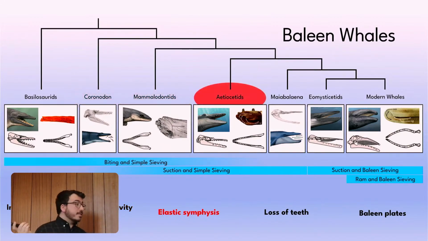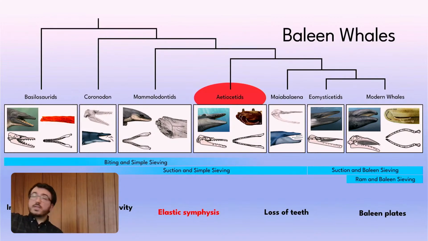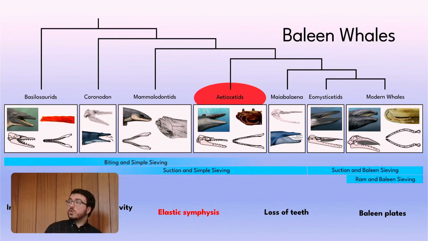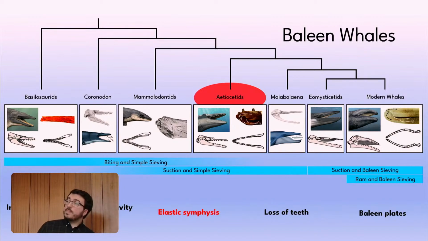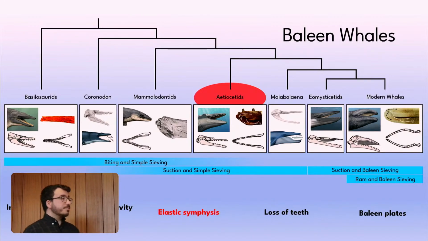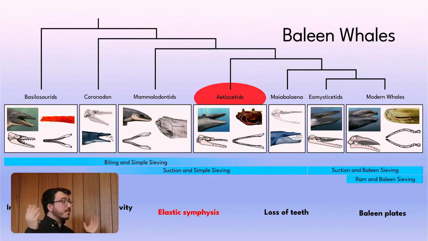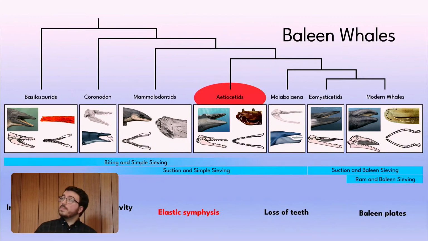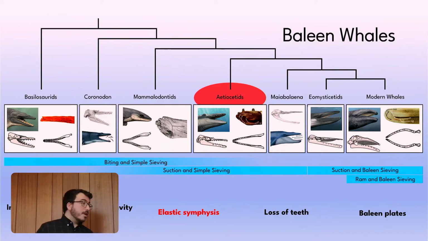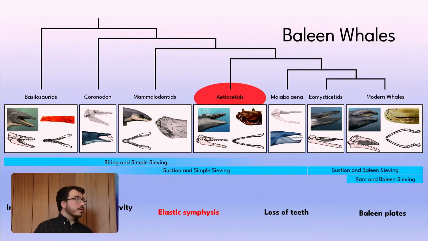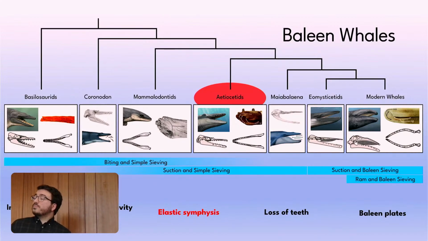As you get onto the Aetiocetids, you've completely lost the connection between the bottom jaws, and it is fully elastic at this point, but we've still got teeth. So it is using suction feeding and probably some simple sieving out of water, but without any baleen plates and still with teeth.